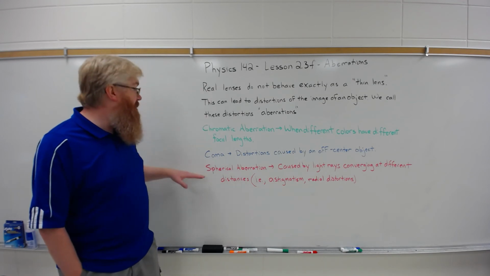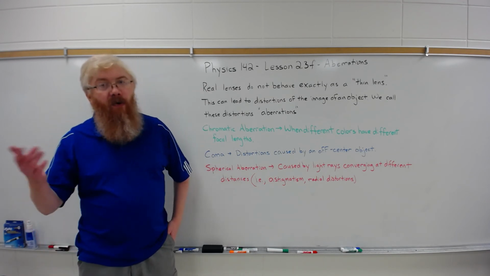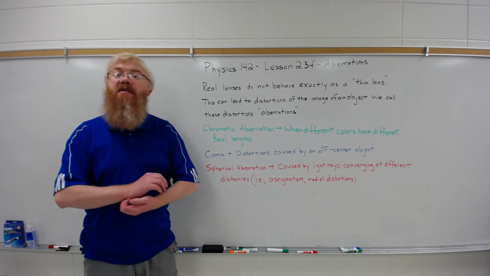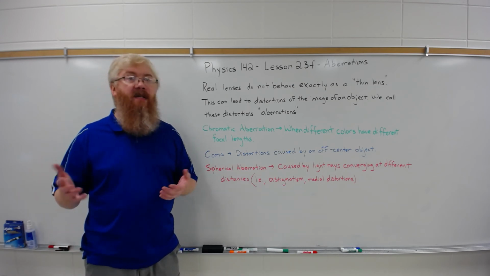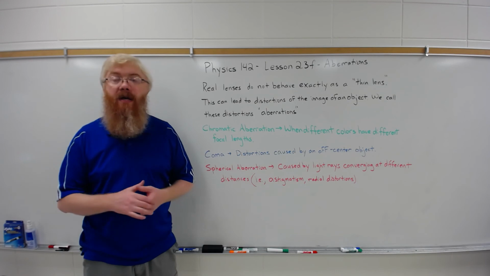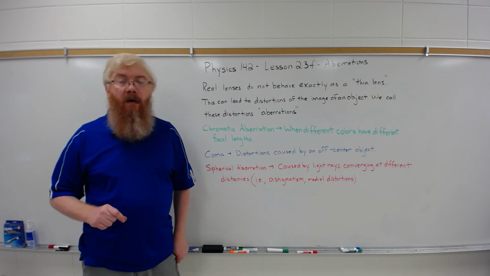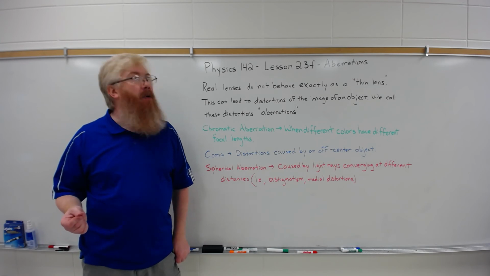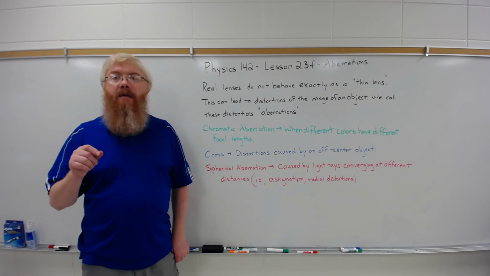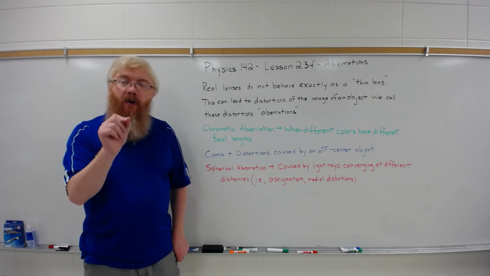A famous example of spherical aberration, most of you are probably too young to know this, is the famous Hubble Space Telescope, which in 2017, at the time of this recording, is still active in space. When it was first launched back in the early 90s, it actually had a spherical aberration problem.